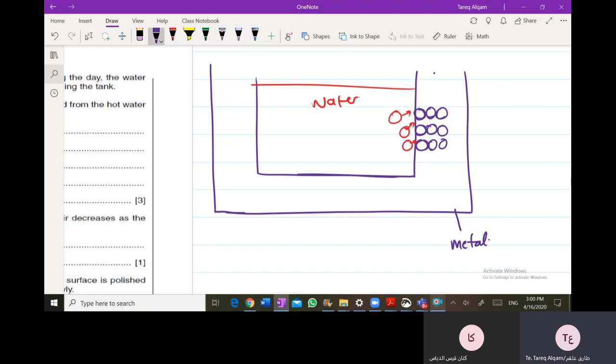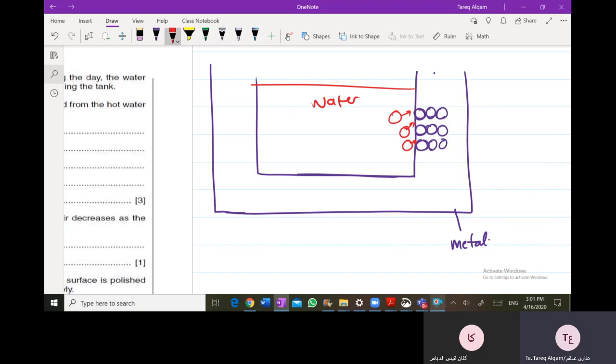Now the hot water, how will the heat be transferred? The hot water molecules will collide with the metal atoms.